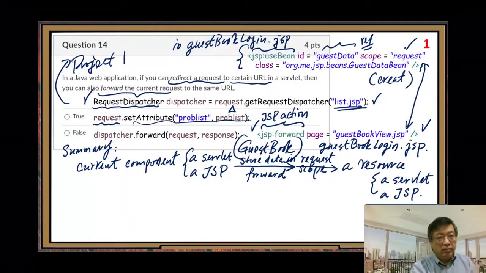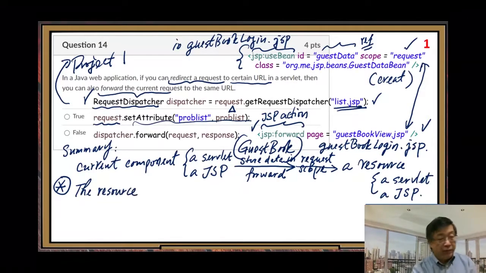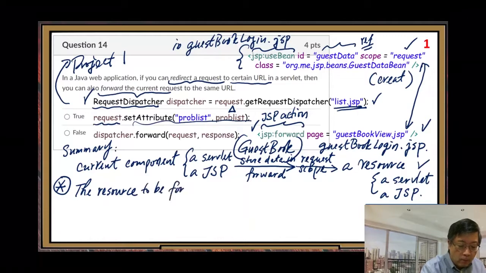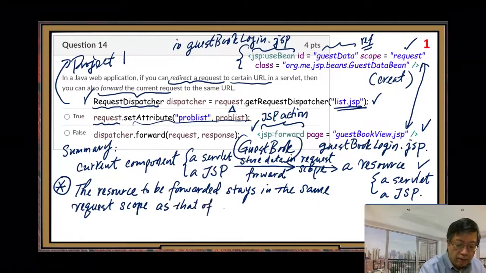Now let me put a key property. The resource to be forwarded to stays in the same request scope as that of the current component.